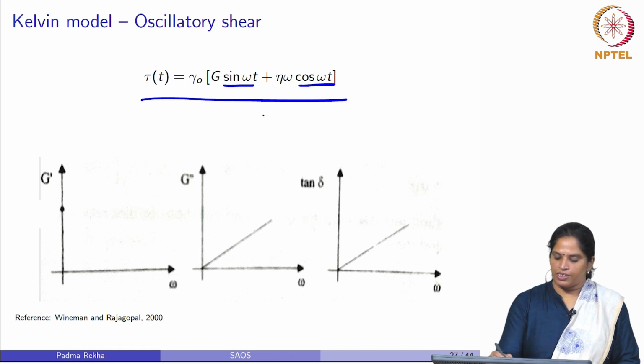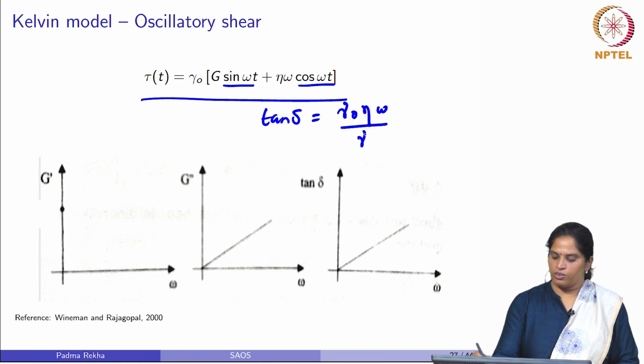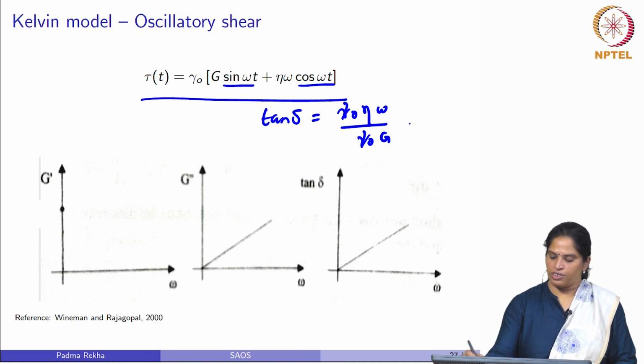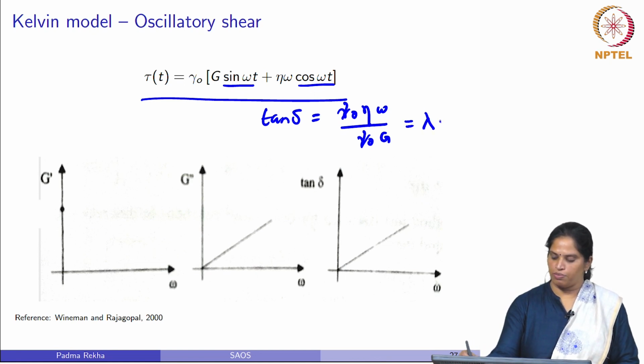And tan delta, which is nothing but gamma naught eta omega by gamma naught G, again varies linearly with the frequency. Eta by G is the relaxation time.